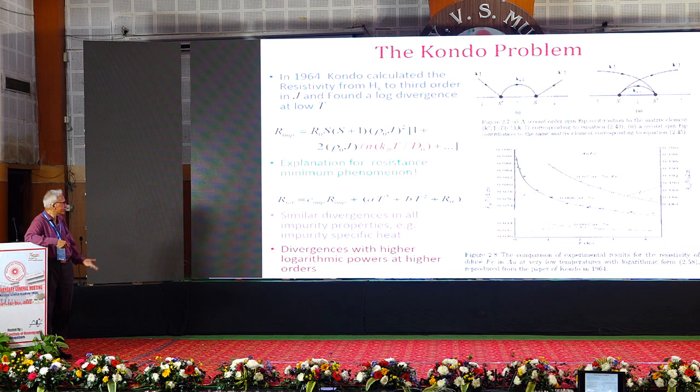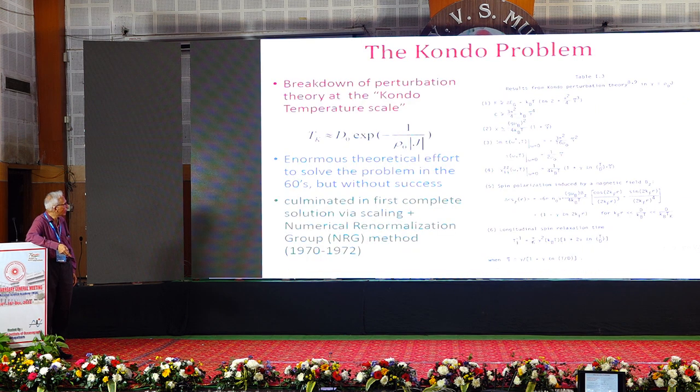So this left people with what is called the Kondo problem. What happens if you go to low enough temperatures? And you cannot solve that problem by doing this perturbation theory anymore. Here, in fact, I've written a list of so many different properties of the impurity that you can calculate, and all of them have this divergence. So there's a temperature scale that you can calculate from that, which has this exponential dependence on the coupling constant.